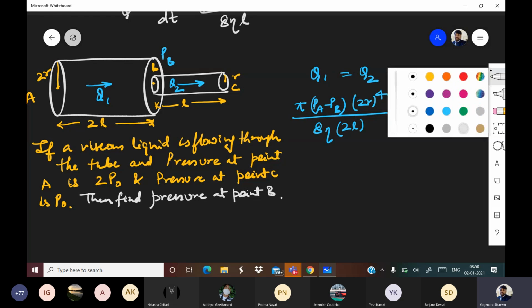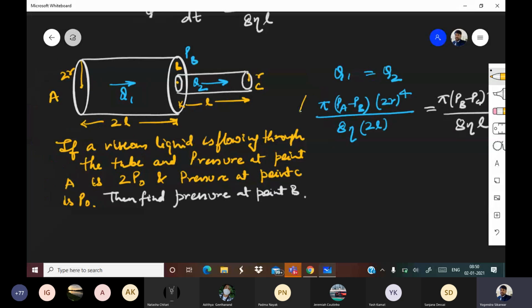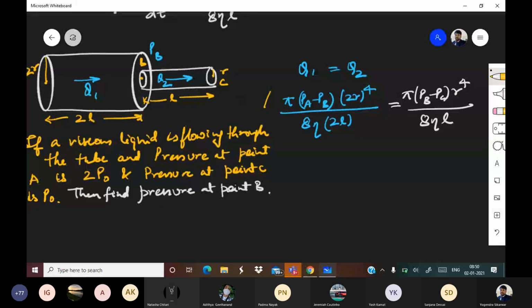Okay. Next. So now pi got cancelled. 8 got cancelled. Neta got cancelled. L got cancelled. R to the power 4 got cancelled. Okay. So what we are left with is, PA was 2P naught. It is given in the question.